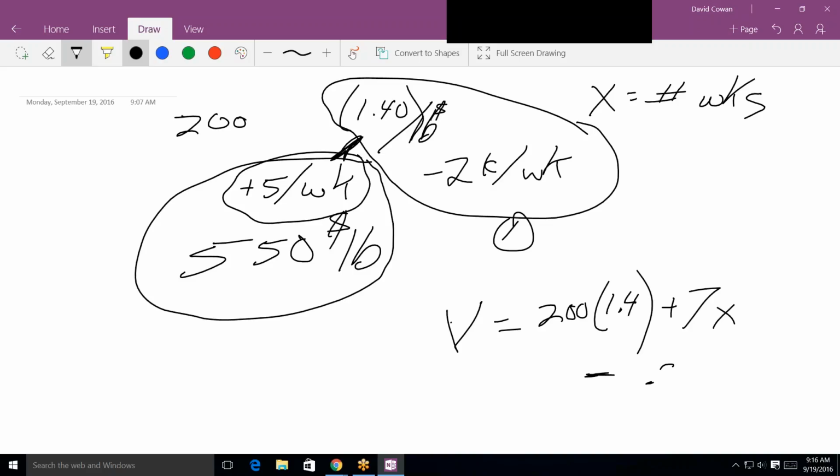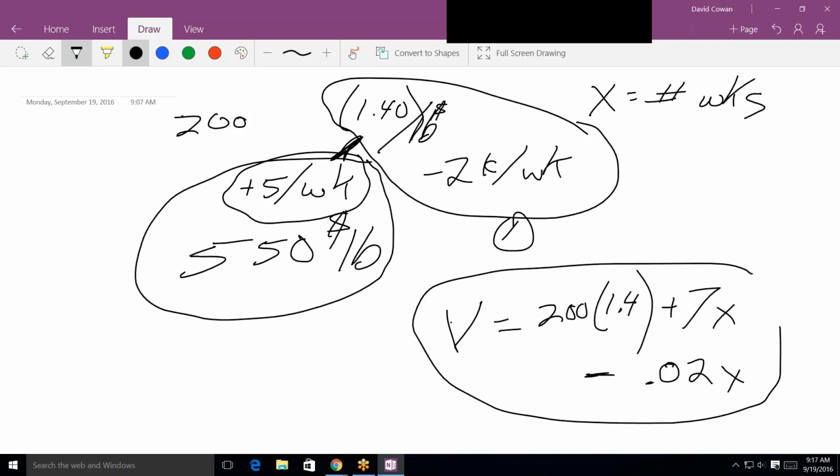So it would be 0.02x. Okay. I could have put everything in cents. Then this becomes 700x instead of 7x, and this would become 140 here. But it's easier actually to work in dollars. So there's the equation. Actually, my very first statement, I'm not sure.